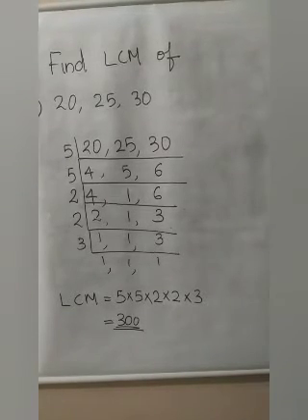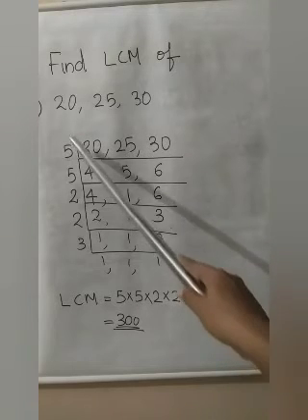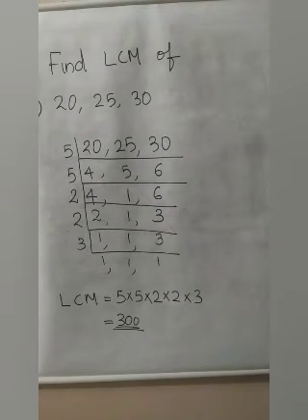For finding HCF also you can use this together division method, but there is a condition. What is that condition? When you are using this method for HCF, you have to use a number which is divisible by all 3 numbers.